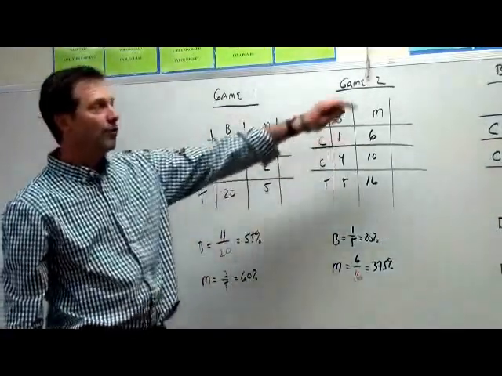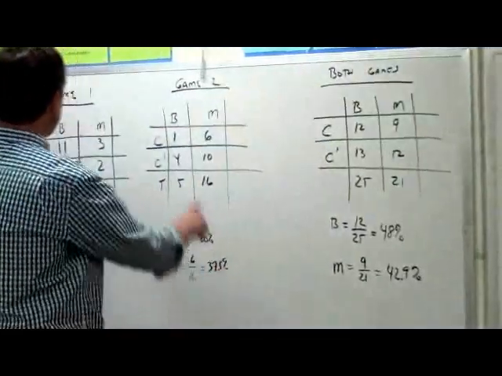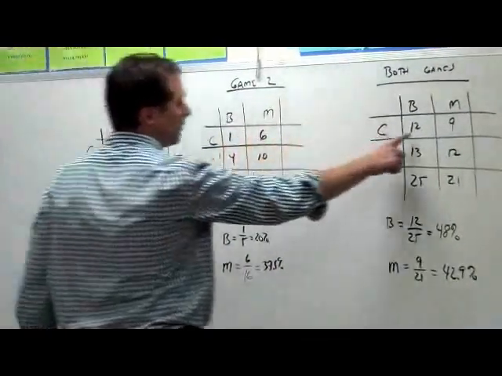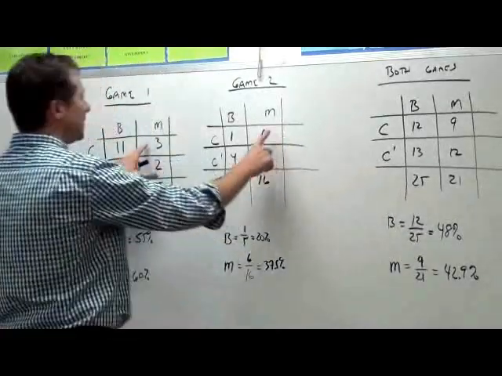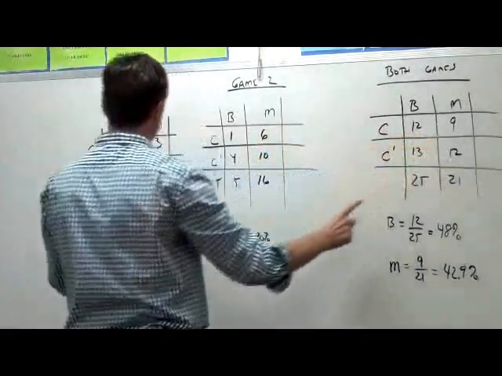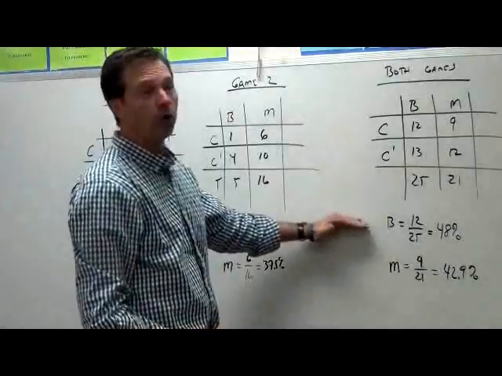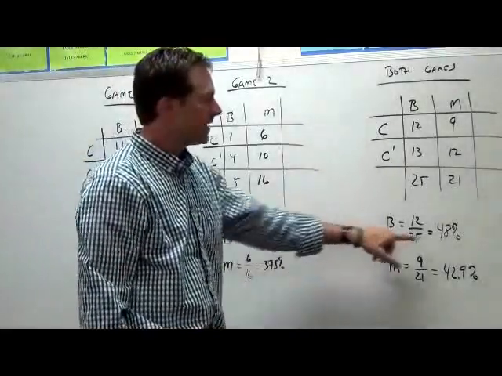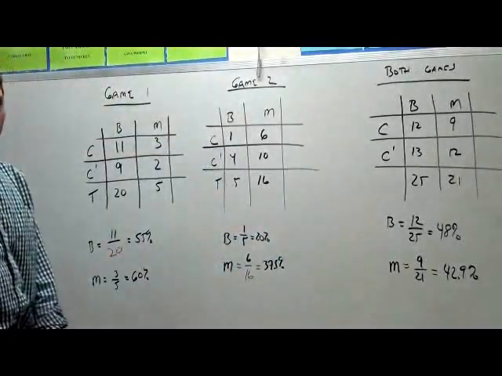But we put both games together. If I put both games together, Brady completed 12 passes of a total of 25, and Manning completed 9 passes of the total of 21. When I check the total percentages out, Brady completed 48% and Manning only 43%.